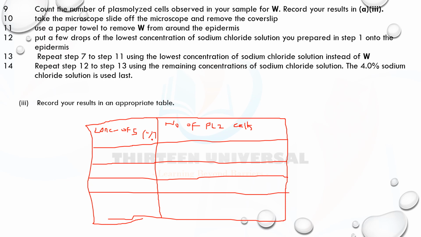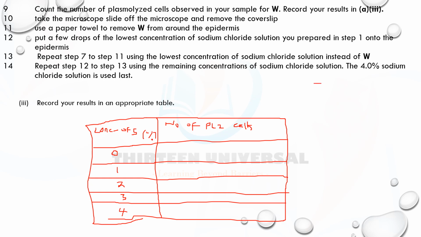The table should start from low concentration. The next lower is 1, we have 2, the next is 3, the highest is 4. Very important.